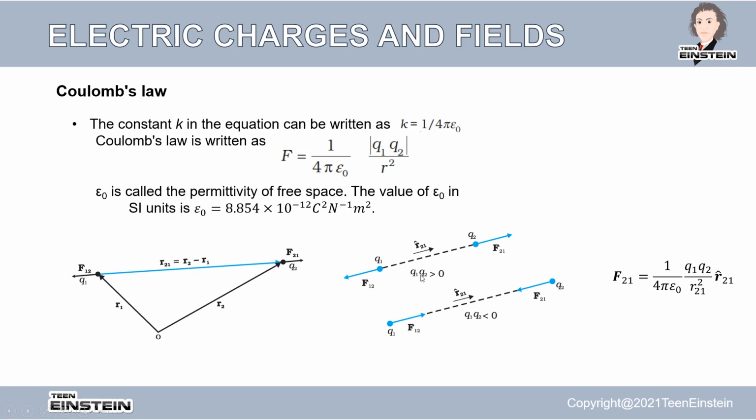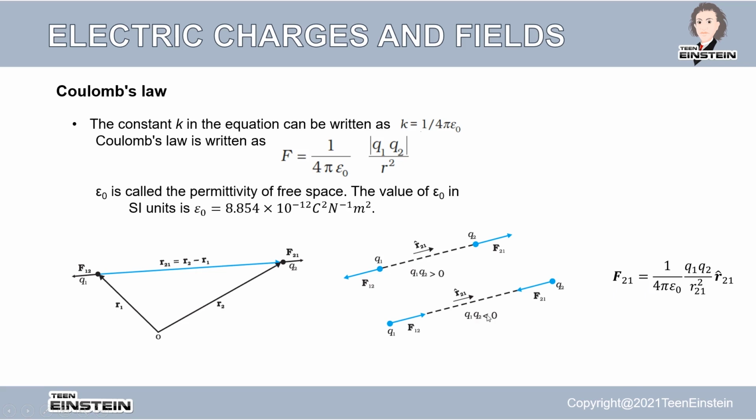In either case, we get greater than 0. So when they are both positive or both negative, the charges repel each other. The force F21 is along this direction, and the force F12 is in the opposite direction, and this is given clearly here. When F21 is in this direction, F12 will be in the opposite direction, because the product Q1 Q2 is greater than 0.